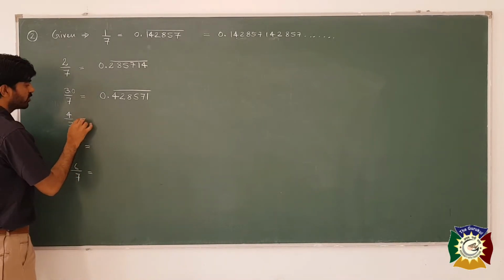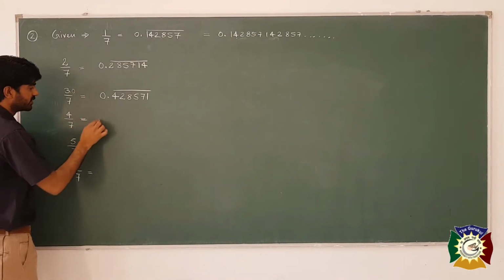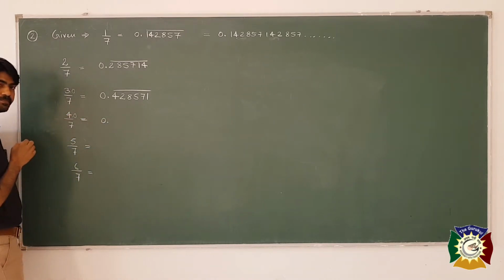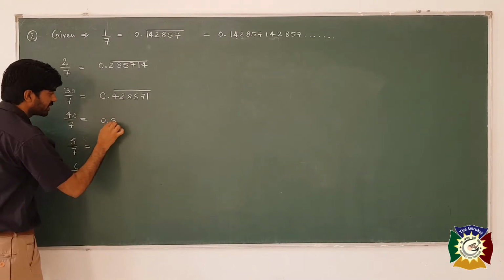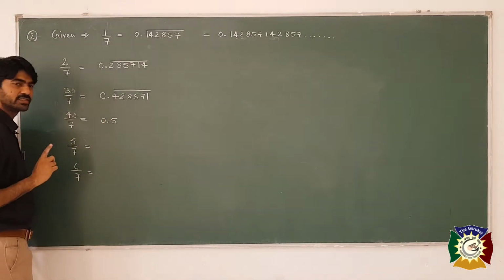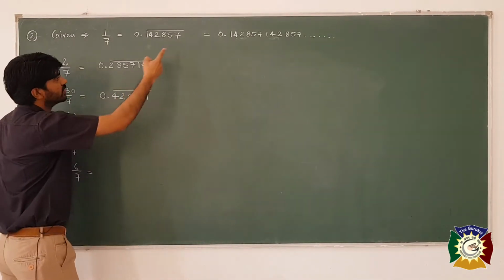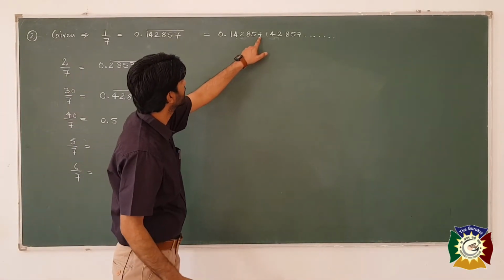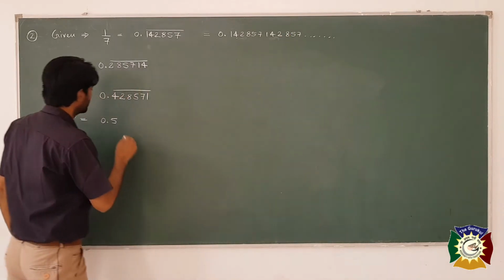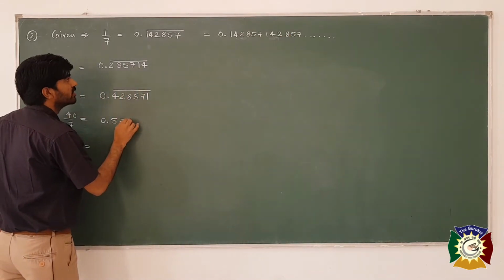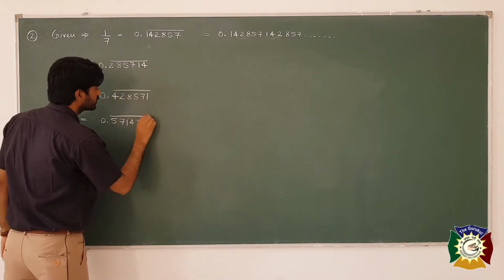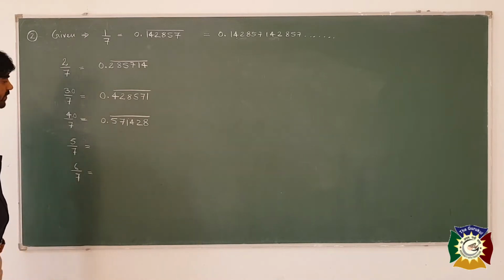Now 4 divided by 7. 0 point. If I put a point, it will become 40. So first digit I will get 5 because 7 5s are 35. Now look here. 5, 7, 1, 4, 2, 8. Again 5 is coming. So it is being repeated.